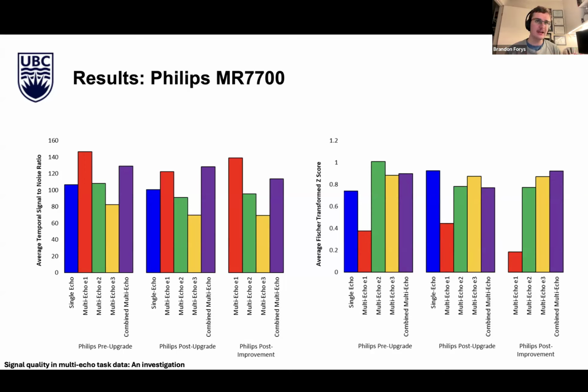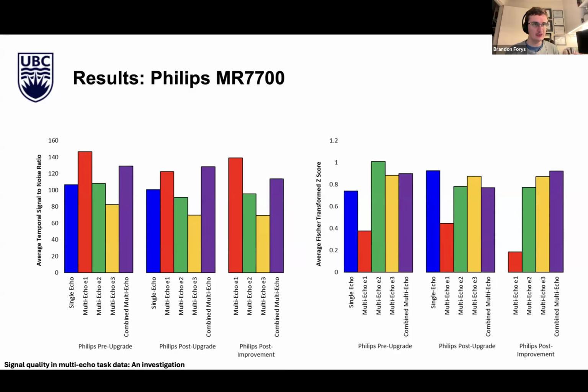And then with the combined multi-echo, we actually find that we're getting performance that is at least similar to, but sometimes actually worse than, single echo performance. So all this to say, and we're still trying to investigate this, very much a work in progress, it's not always the case that the multi-echo combination is going to give us necessarily better results.